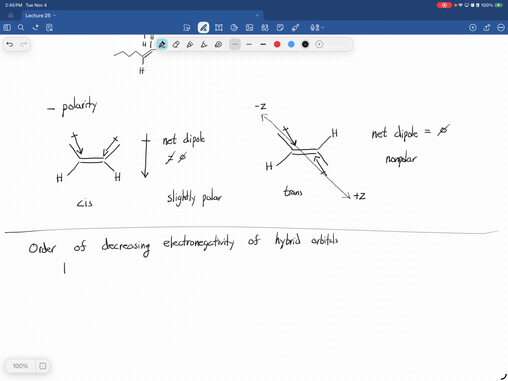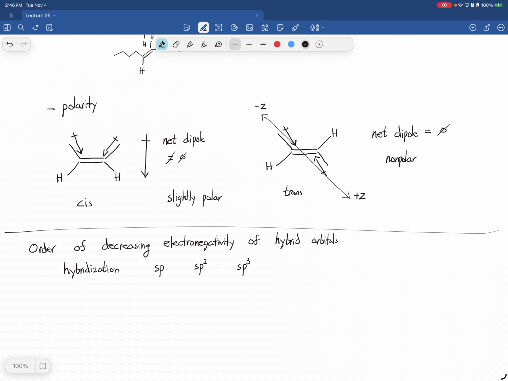All right, let's talk about hybridization. All right, so we have sp. What's the hybridization for an alkene carbon? Yep, you got it. And then how about for an alkane carbon? sp3, good.